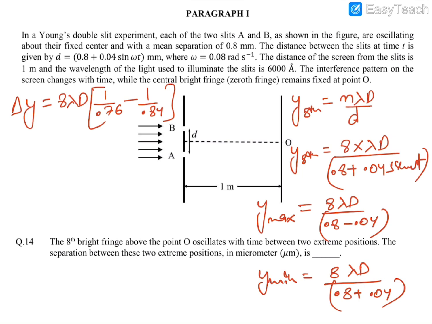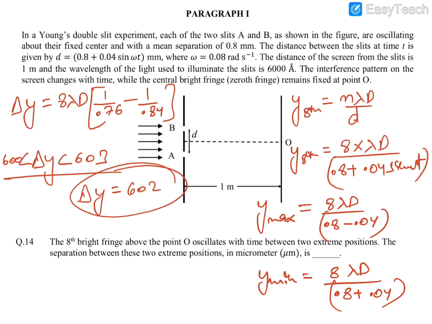So if you substitute the values, then delta y will be around, in micrometers, obviously ranging between 600 to 603. So approximately we can say that delta y is 602. So we can say that the answer is 602. Now we move on to the next question.